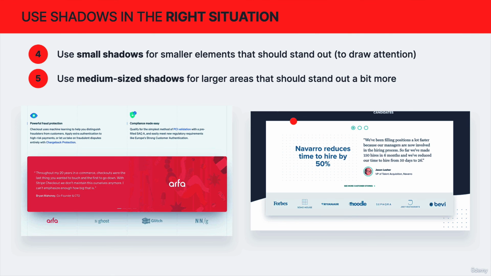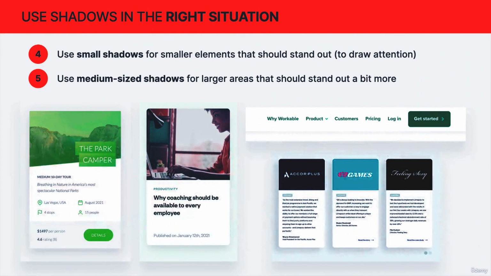And these two examples show that in a very beautiful way. Now, another common application of medium-sized shadows is to make cards stand out from the rest of the interface. And again, with cards, we mean something like what we see here on the left, which in this case is a product card, which contains the description of a certain product that the user might buy. And we will better define what cards are a little bit later.